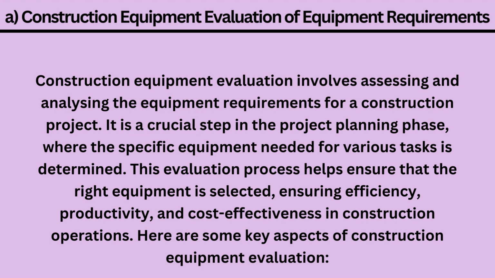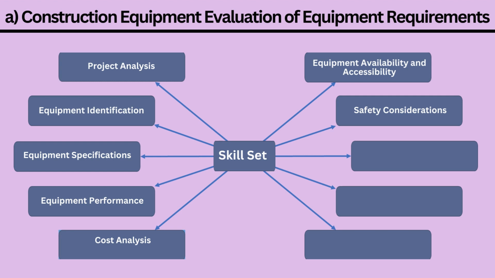Here are some key aspects of construction equipment evaluation. 1. Project analysis. 2. Equipment identification. 3. Equipment specifications. 4. Equipment performance. 5. Cost analysis. 6. Equipment availability and accessibility. 7. Safety considerations.